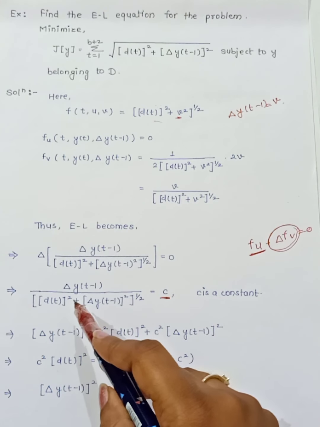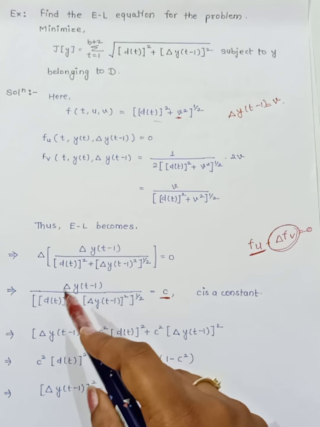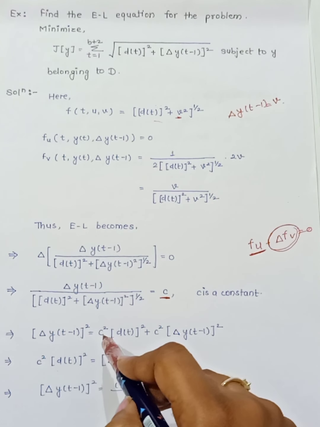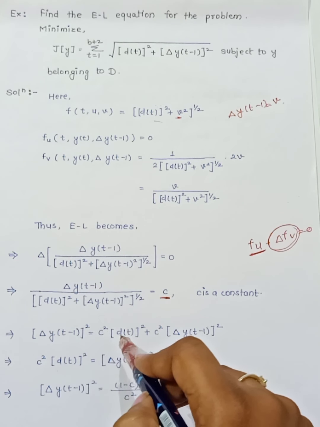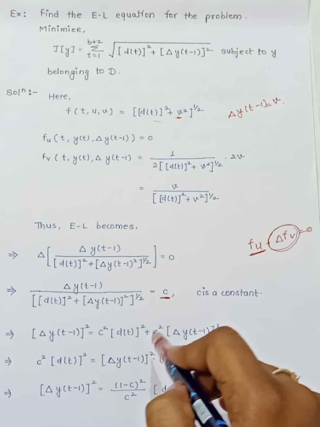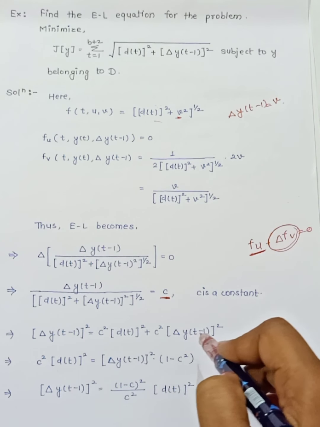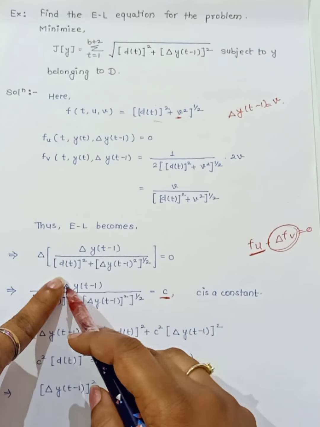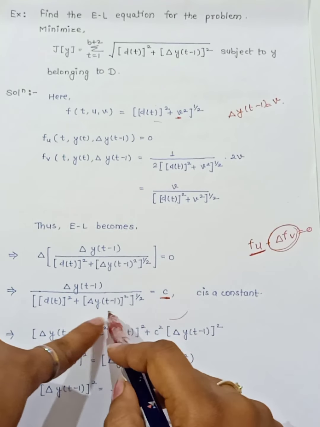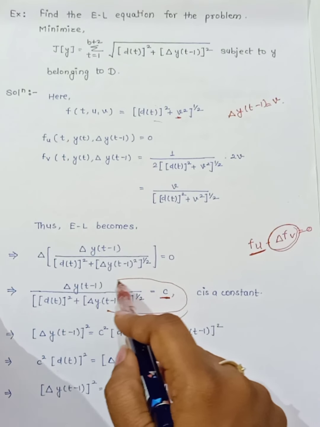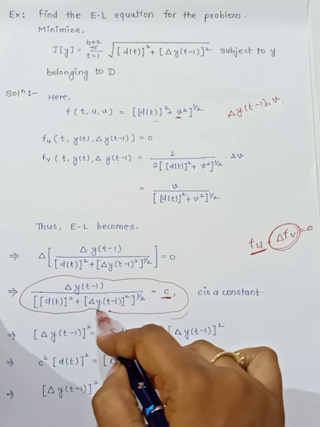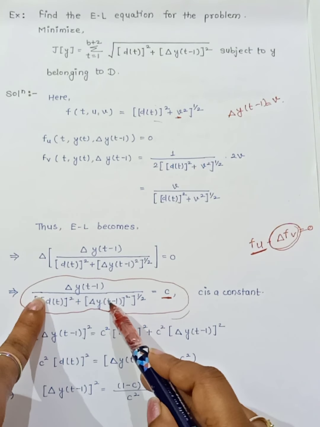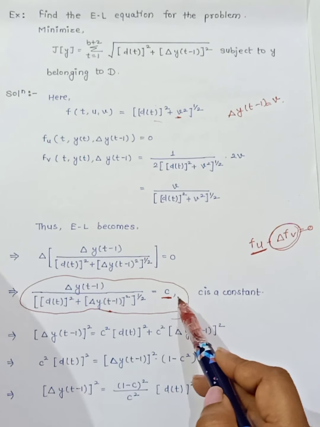Now we will solve this. It will give us (Δy_{t-1})² equals c² dt² plus c² (Δy_{t-1})². So we have squared this whole term, and then we have multiplied over here.